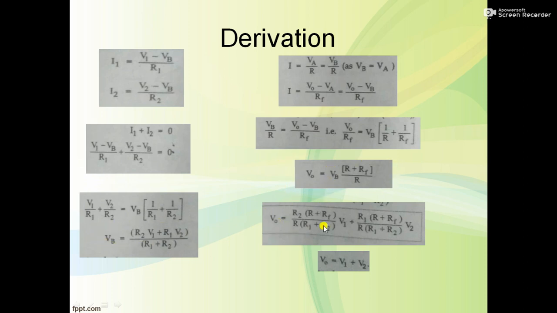So we will get finally this term, and V0 is equal to V1 plus V2 when all resistor values are equal, RF is equal to R1 is equal to R2 is equal to R. So then you will get V0 is equal to V1 plus V2.